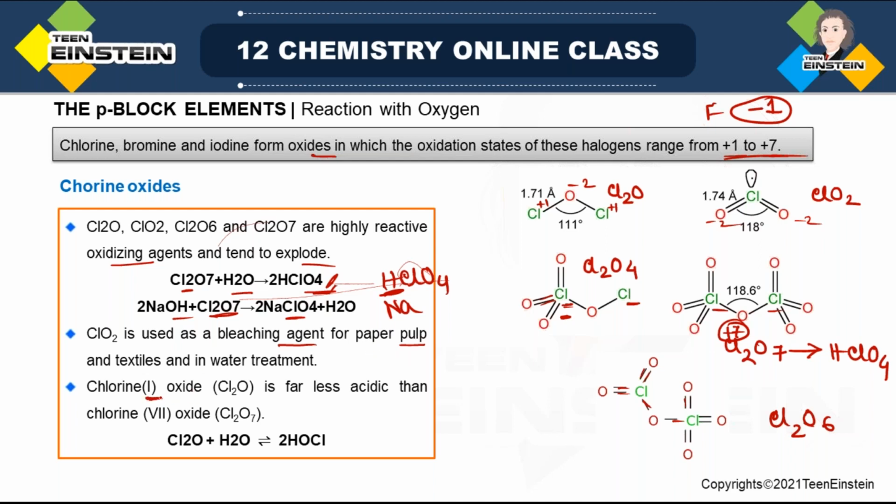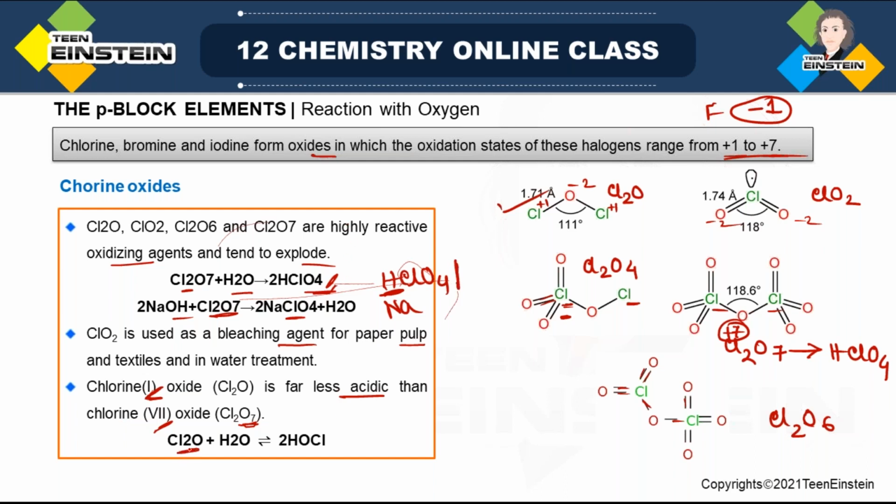Then chlorine 1 oxide, that is the first molecule in the picture. It is far less acidic when you compare it with Cl2O7, because here the oxidation state is +1, here the oxidation state is +7. It is true that both of them are acidic in nature, but which one is more acidic? It is Cl2O7, because it generates the HClO4 acid.